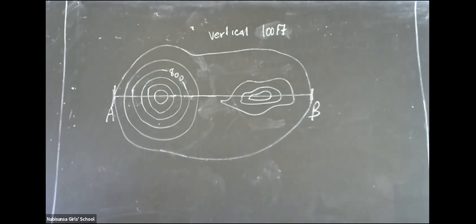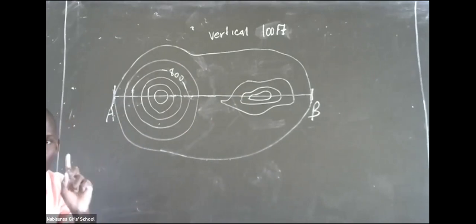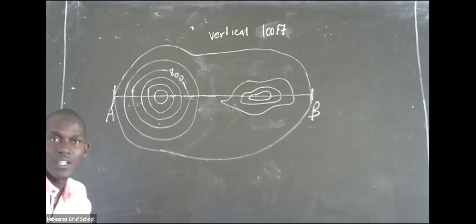I want you to have the same shape, even if the spaces are big, as long as you have the same shape. This one from here to here, you name it 800. We are going to learn how to use only one contour to get the number of other contours. I'm seeing your hand is still up. Are you asking anything?